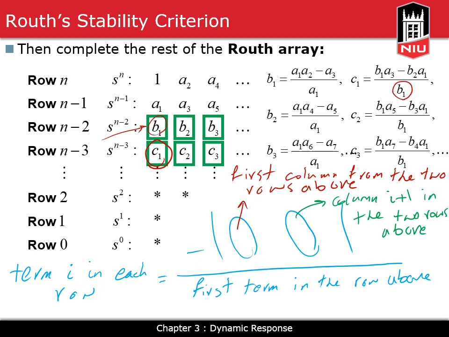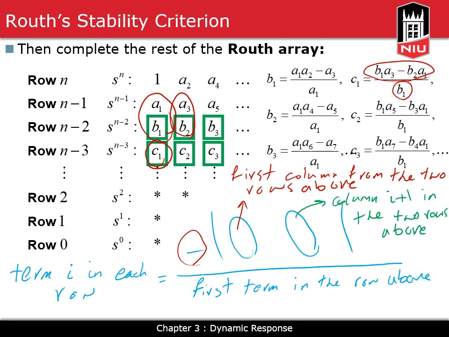In the numerator, I'll have the negative of the determinant of the first column in the two rows above, and column I plus 1. I is 1, so I plus 1 would be this column. So the determinant of these four put together, but don't forget the negative sign in front. The determinant would be A1 times B2 minus A3 times B1. Negative of that is B1 A3 minus A1 B2. That is exactly what we have here. If you want to check that for C2, you will see the same thing.